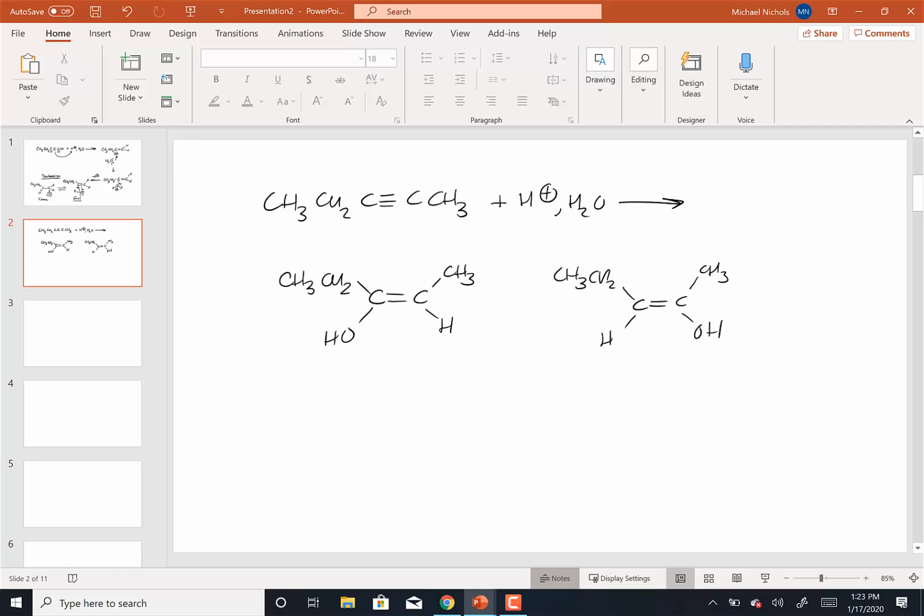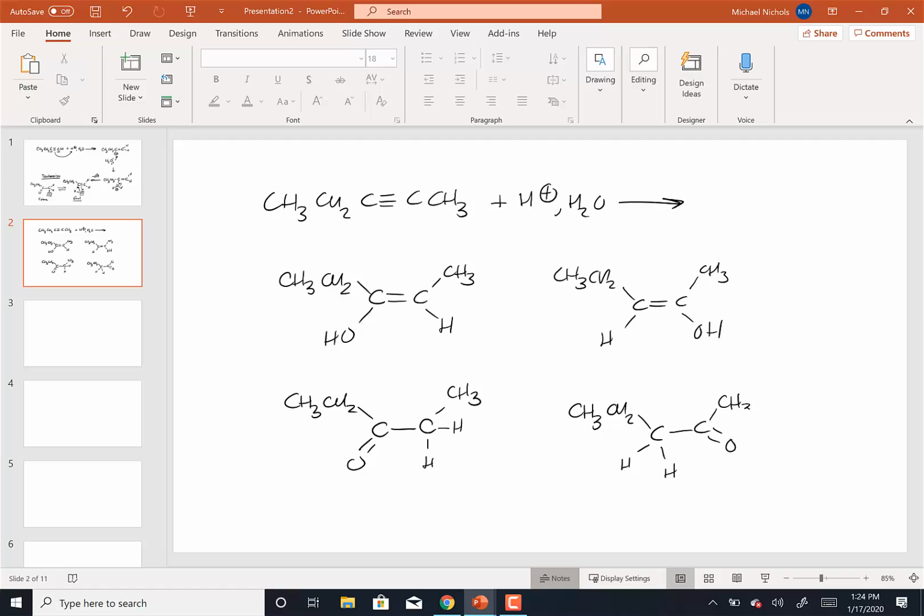And then once these enols convert themselves to the ketones, the OH group becomes a carbonyl. The H ends up over on the other carbon. So for the left molecule, I end up converting that enol into that ketone. For the right-hand molecule, I'm going to do the same thing. The H is going to be moving to the carbon on the left, and then the right carbon is going to become a carbonyl.